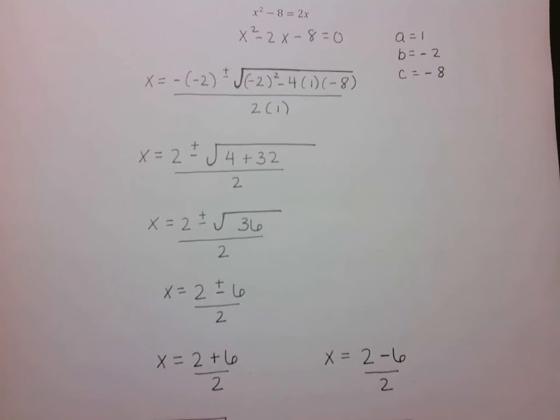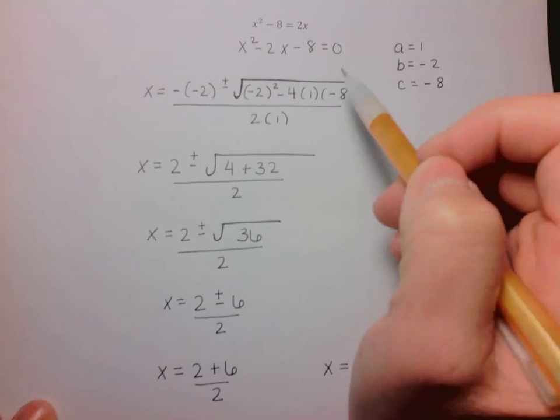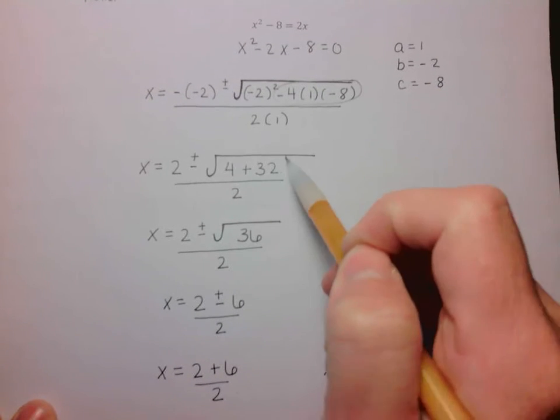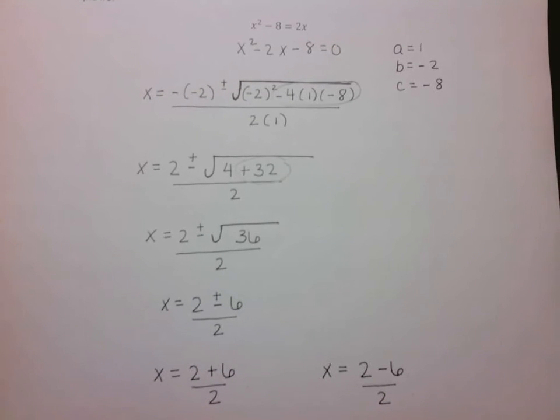The biggest mistake people make when simplifying the quadratic formula is order of operations. Right here. Remember what order of operations says. Order of operations says you have to multiply before you do any addition.